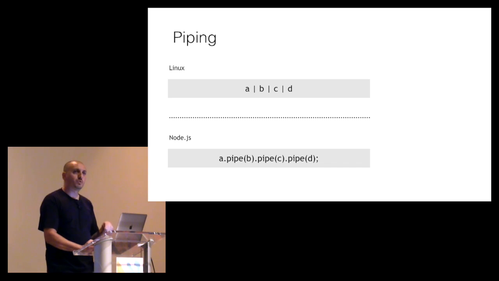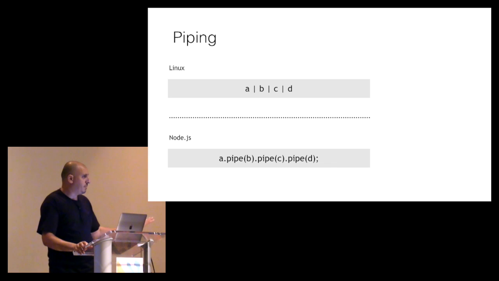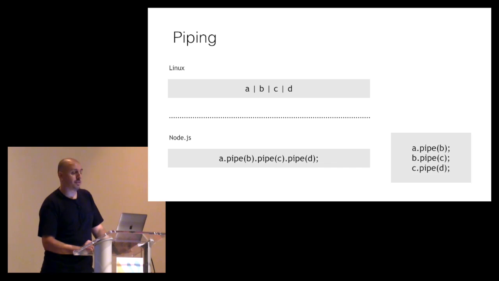You get one Node stream that is readable, you pipe it into a writable stream. And if that writable stream is also readable, you can chain and pipe it into another transform stream. In this picture, B and C have to be both readable and writable because we're chaining them. A can be just readable, and D can be just writable, but the others have to be transform streams, or duplex streams at least. And this is equivalent to A.pipe(B), and then B.pipe(C), and so on.